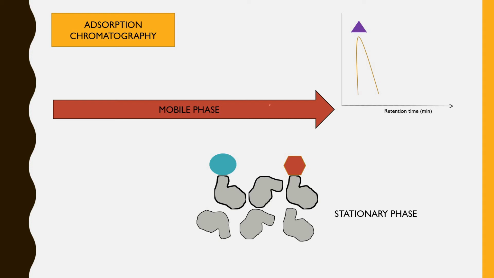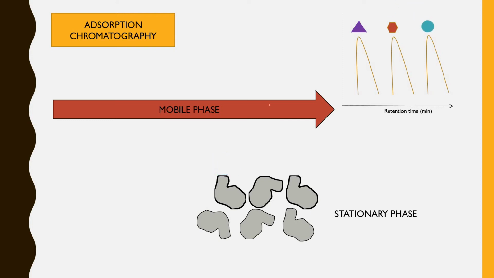Then the second one, for example this octagon, means the interaction between this analyte and the stationary phase is in the middle. And the last one, the oval analyte, will be retained more in the stationary phase because it has a stronger interaction with the stationary phase. So that's why it occurs last.